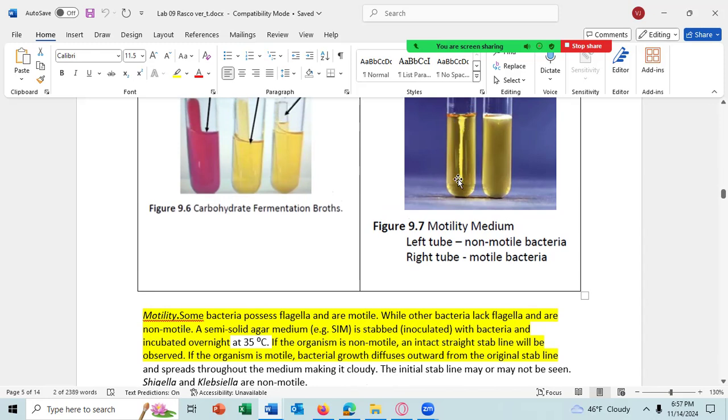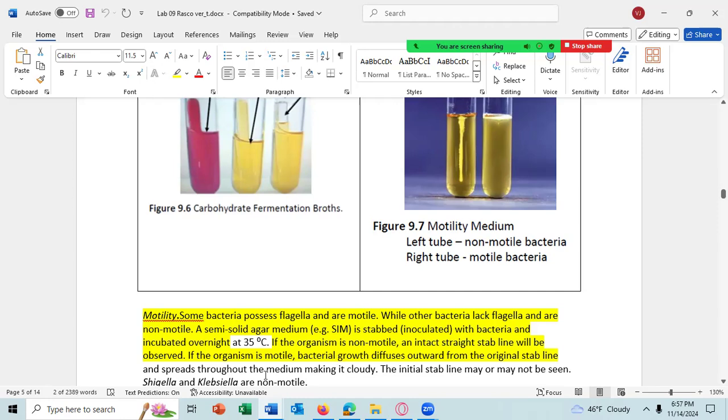But if the bacteria can swim through the semi-solid agar, the bacteria are motile, and they will appear diffuse like this, where you see there on the side, you can see through it, it's translucent. On here, it's cloudy. The bacteria are all cloudy, and this is a very motile bacteria.